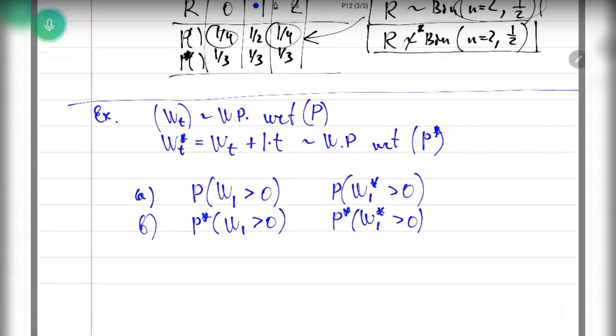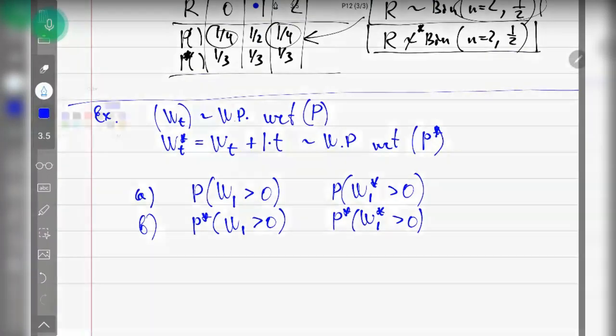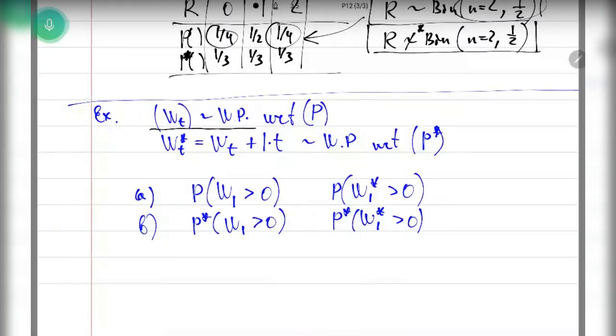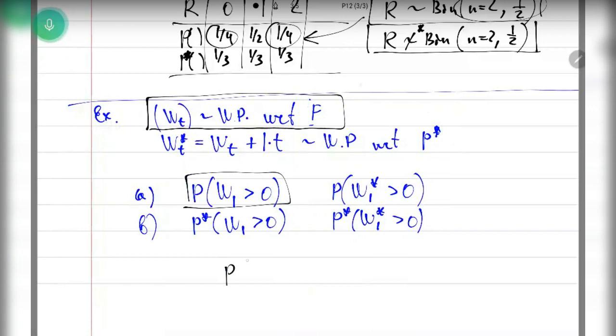By the definition of my process WT, that's a Wiener process with respect to probability P, this is a probability that W1 is bigger than 0. What is the answer?